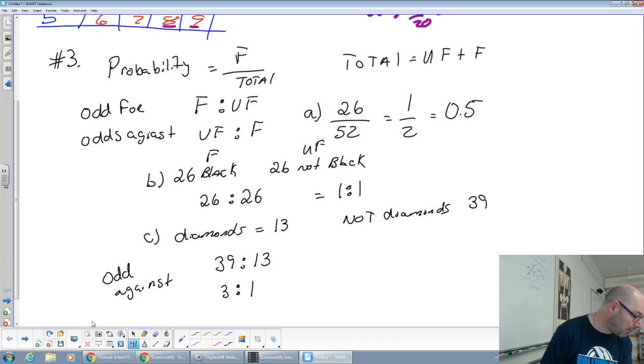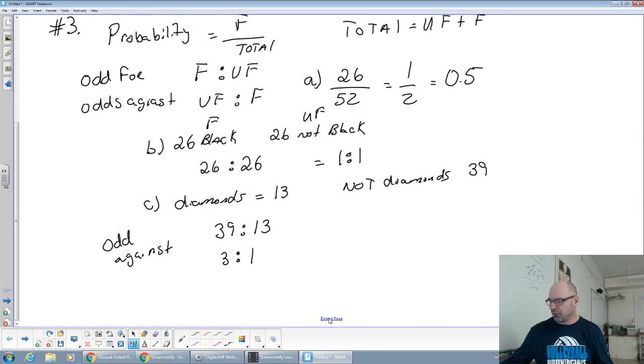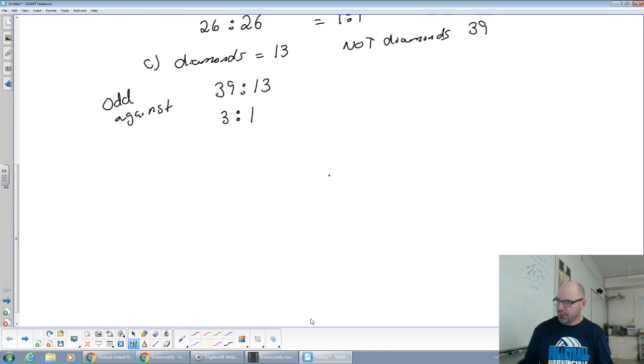Last one, determine the probability the card is not being a face card. Probability of not being a face card. So this one has to be over a total. So we'll move this down. Letter D, probability of not a face card.